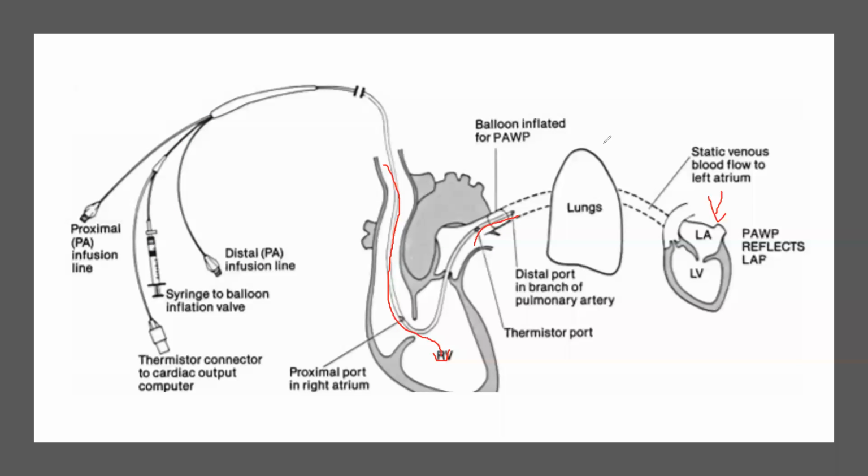Well, the first thing that we need to understand is that if we insert this catheter right over here in the pulmonary artery and inflate a balloon, we are occluding the pulmonary artery, and the only pressures that will now be measured will be the pressures on the left side of the heart.